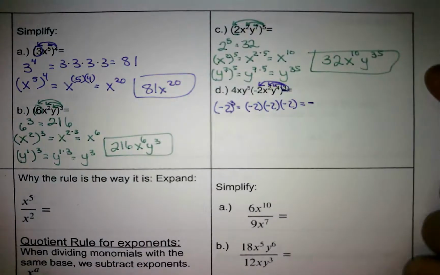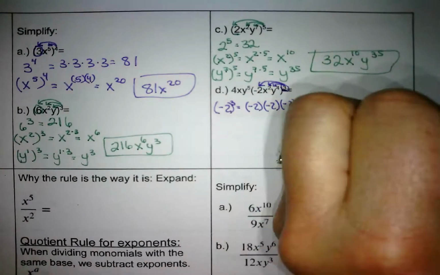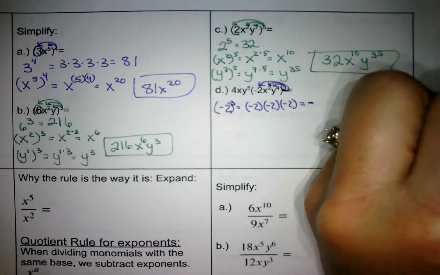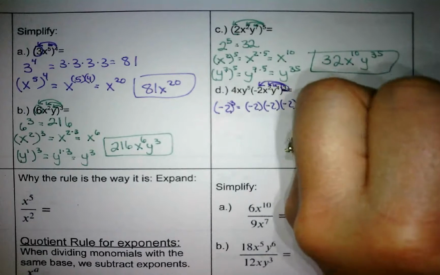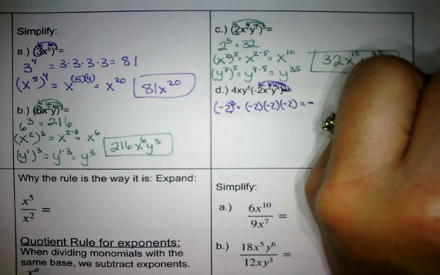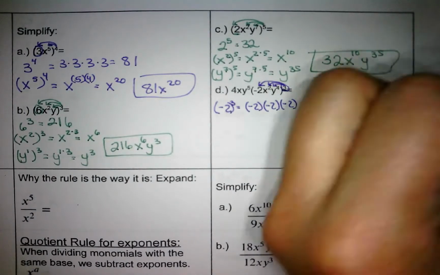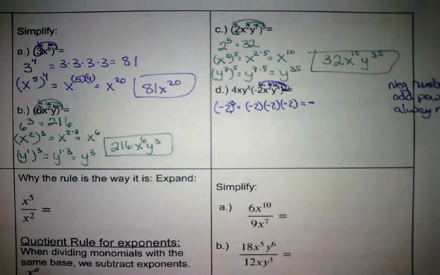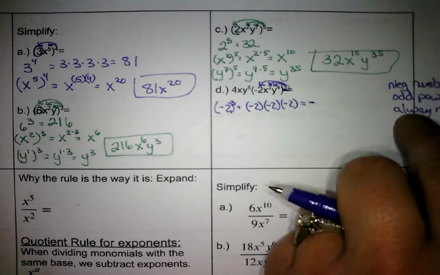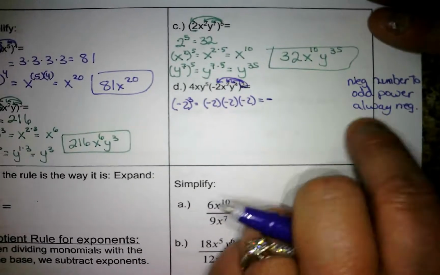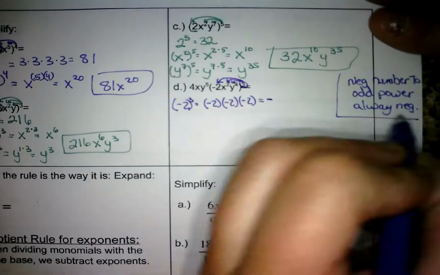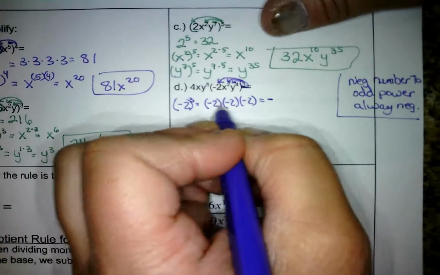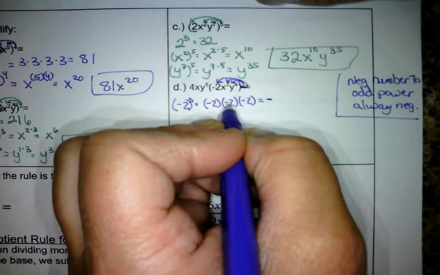So we can make a note of that: a negative number to an odd power is always negative, and a negative number to an even power is always positive. All right, so negative 2 times negative 2 is positive 4, times negative 2 is negative 8.